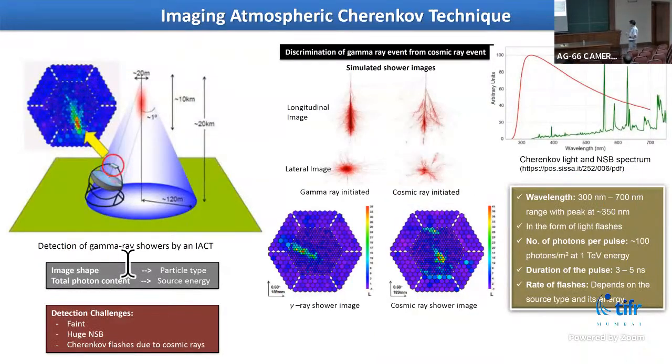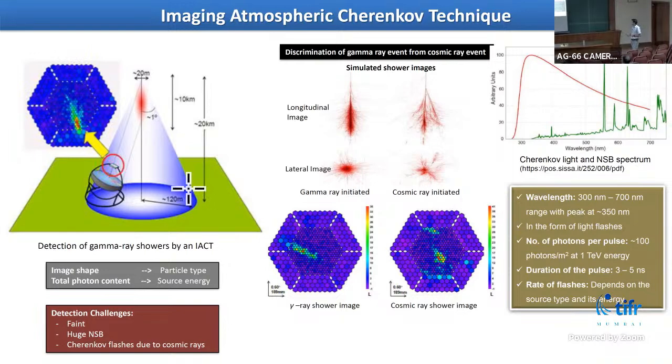Because of the small duration of these Cherenkov flashes, an ultra-fast sensor is needed. Conventionally, photomultiplier tubes were used at the focal plane of these cameras for detection of these light flashes. But with recent advancements in semiconductor technology, silicon photomultipliers have come as a viable alternative.